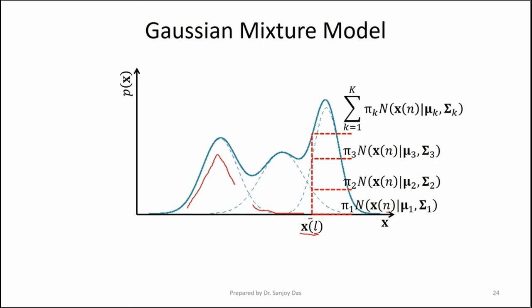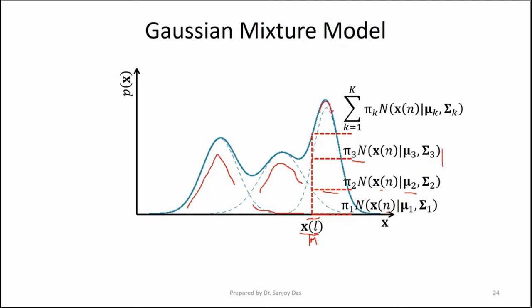This is the second Gaussian here, and at xn, this height here is pi 2 N of xn given mu 2 sigma 2, and likewise this is pi 3 N of xn given mu 3 sigma 3. That's for the third Gaussian.